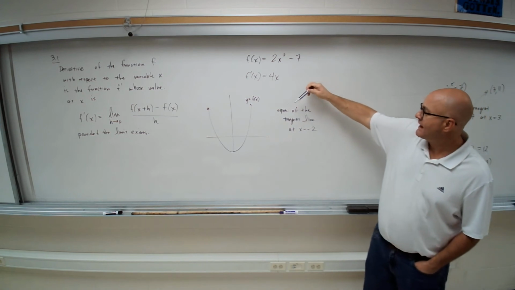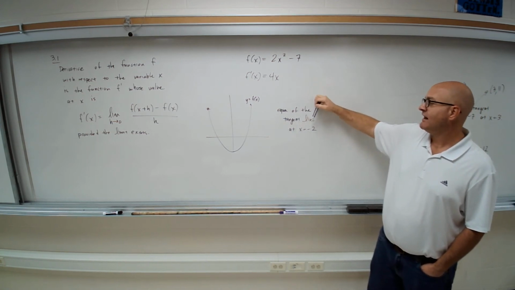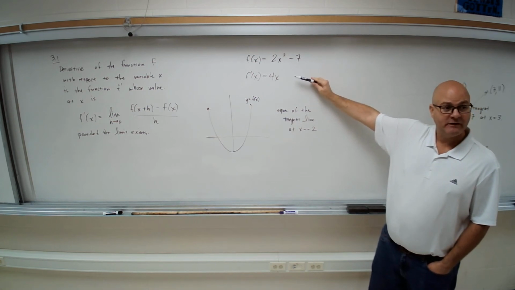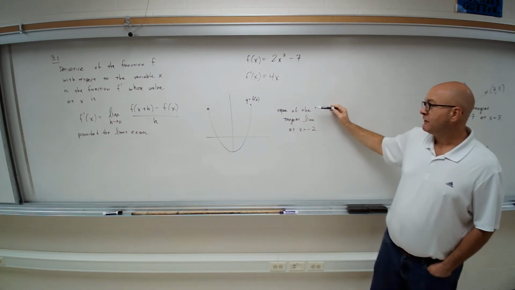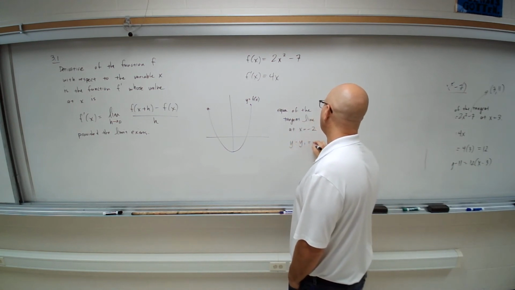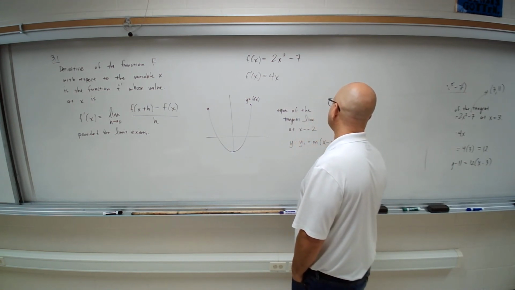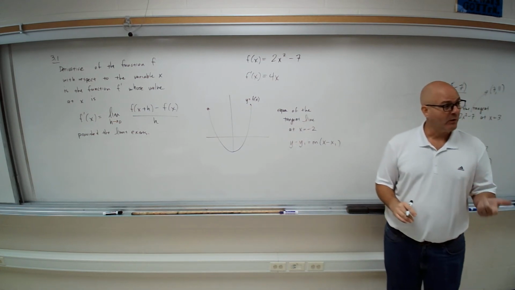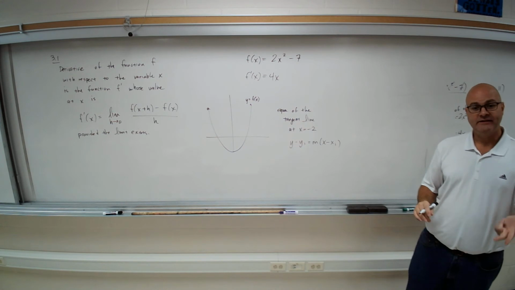Okay. But say we want to find the equation of the tangent line at x equals -2. And we know the function and we know the derivative. Now, to find the equation of the tangent line, we know we're going to do y minus y1 equals m times (x minus x1). So we need 3 things. We need the x value and the y value of the point, and then we need the slope.